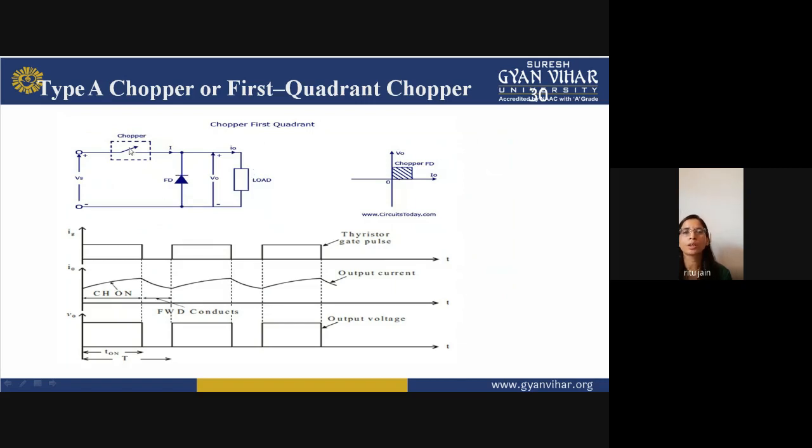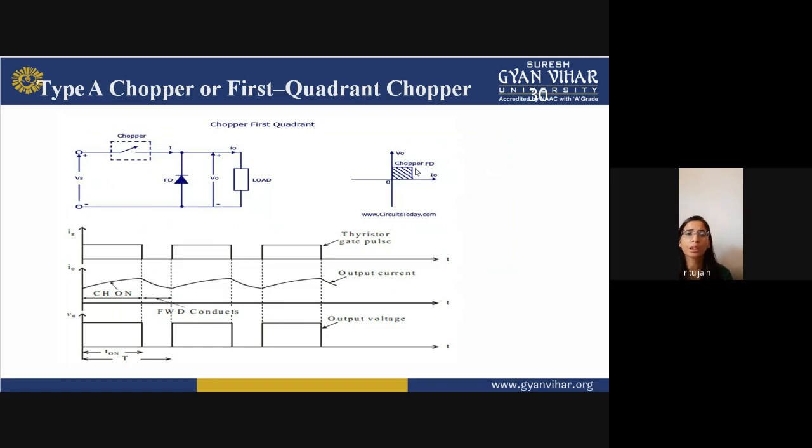When you turn on the chopper, or the switch is closed, the circuit is completed, the freewheeling diode is reverse biased, and the current conducts through the outer loop and flows in this direction to the load. The direction of current remains positive, and the voltage is also positive. That is why this is called the first quadrant, or class A, chopper.